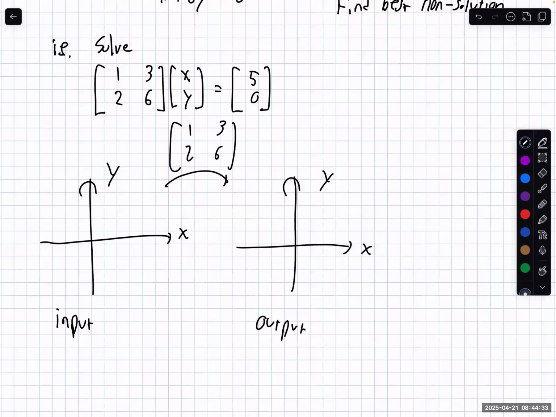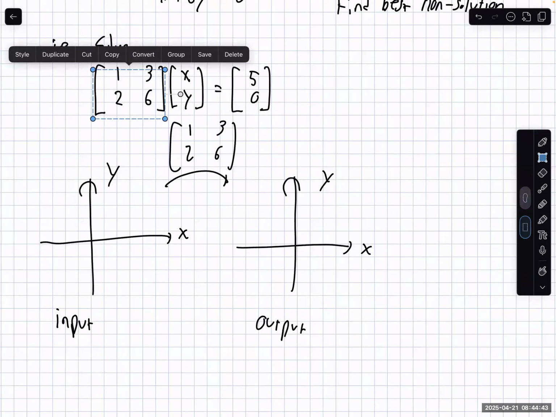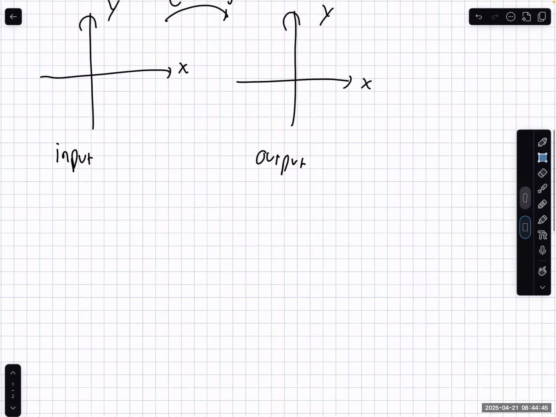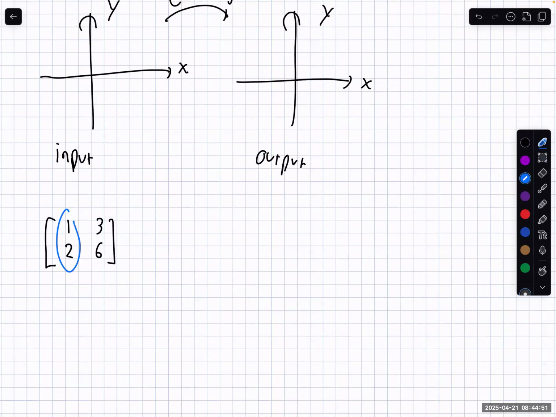since our matrix is transforming input vectors to output vectors. Okay, so when I look at this matrix, for the first column, the y coordinate is 2 times the x coordinate.